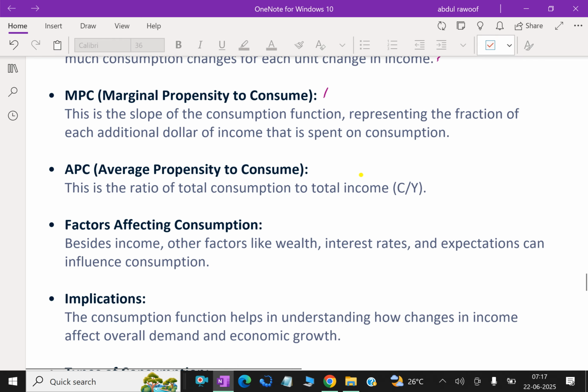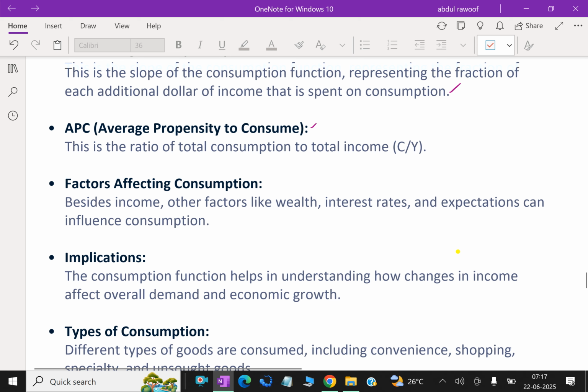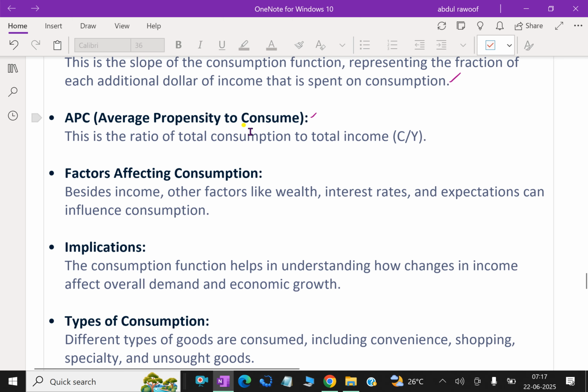MPC, marginal propensity to consume: this is the slope of the consumption function, representing the fraction of each additional dollar of income that is spent on consumption. APC, average propensity to consume: this is the ratio of total consumption to total income, that is C by Y.